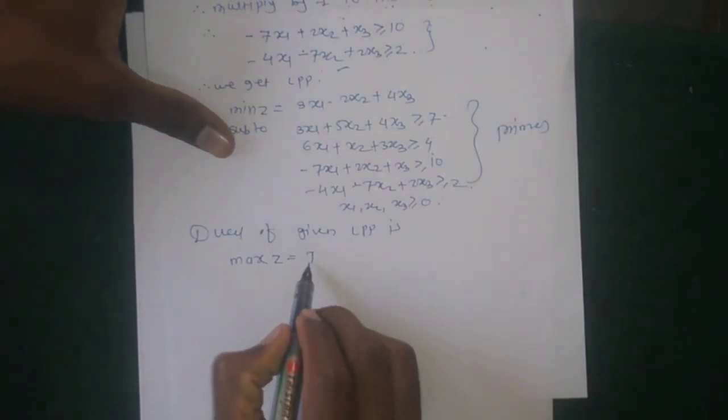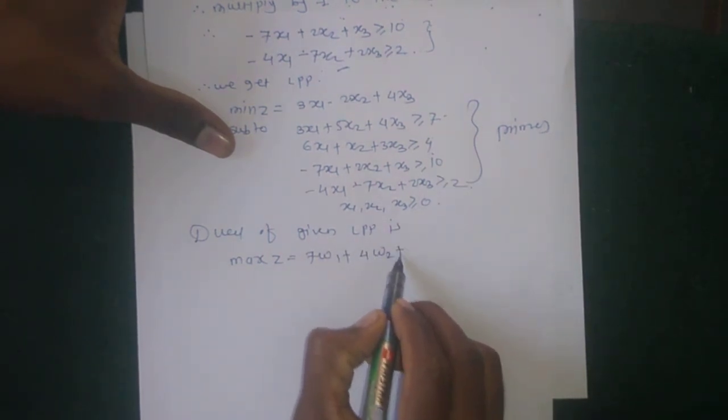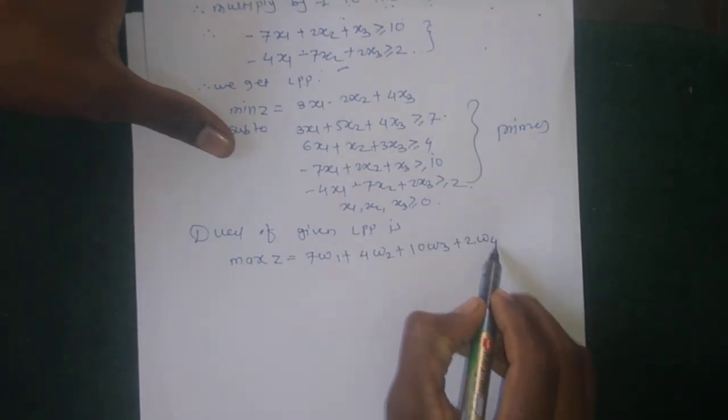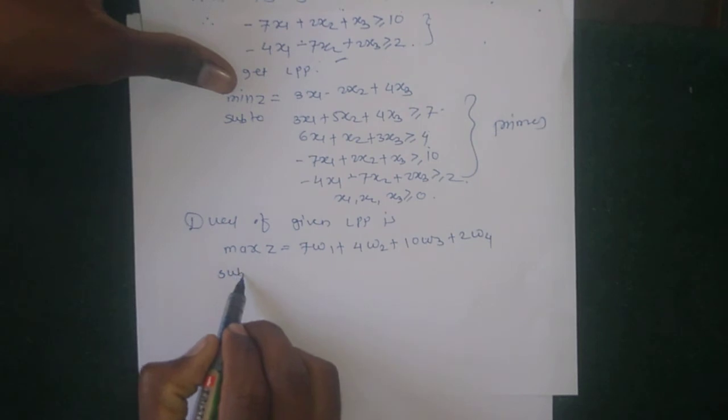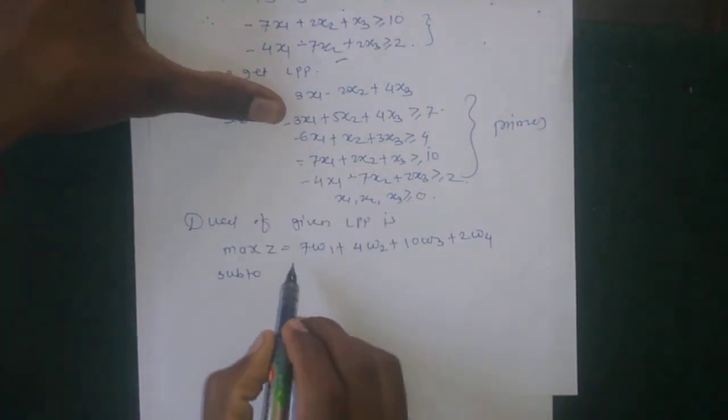Okay, so 7w1 plus 4w2 plus 10w3 plus 2w4, subject to w1, w2, w3, w4 and so on.